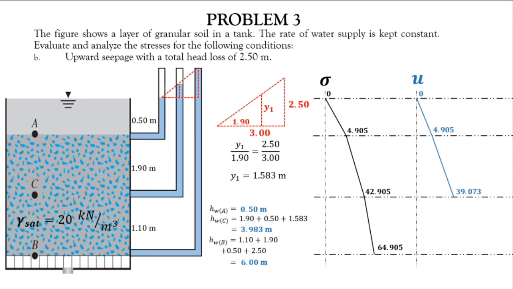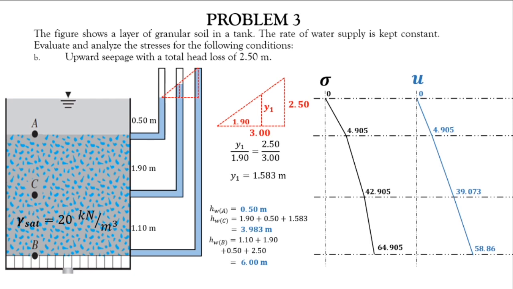And lastly, para sa point B, ganun din yung gagawin natin. The unit weight of water times the height of water at point B. In piezometer, yan ay 6 meters, kaya 9.81 times 6, giving us a total value para sa pore water pressure at point B na 58.86. O yan na, kompleto na.